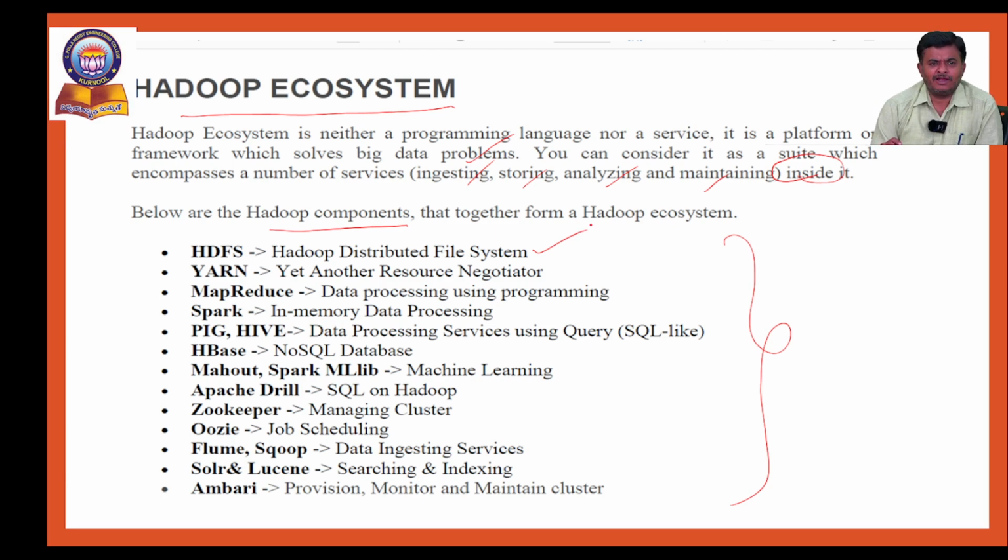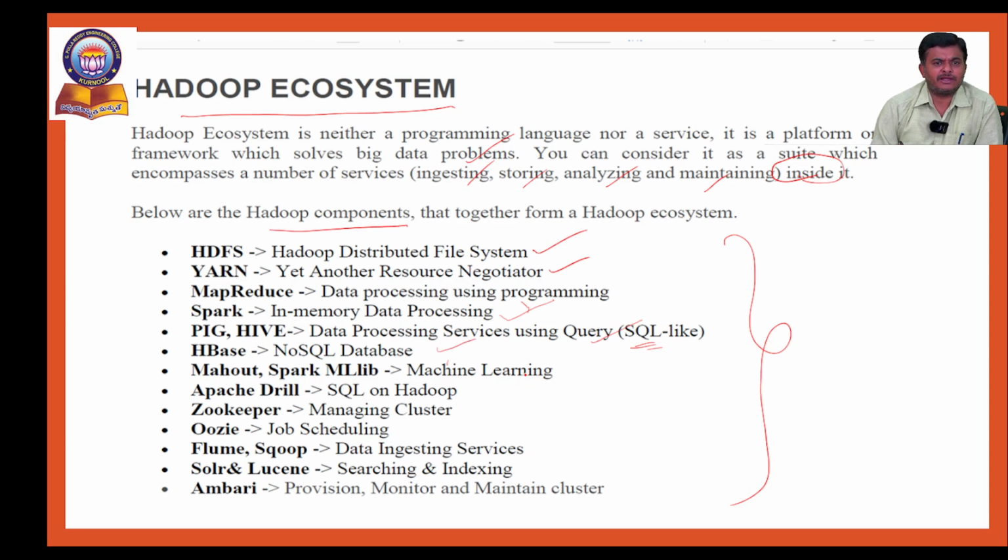HDFS, we have already studied this. This is the Hadoop distributed file system. YARN, yet another resource negotiator. MapReduce for data processing using programming. Spark, in-memory data processing. Pig and Hive, data processing services using query-like input. HBase, a NoSQL database.